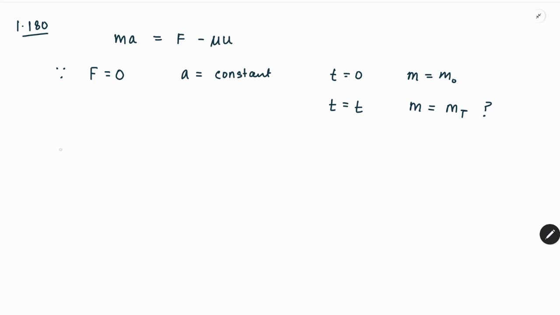So if we start this problem, then we can say that m a is equal to F being 0 minus mu u, and therefore we can write that acceleration a is equal to thrust force divided by mass, that is u times minus dm by dt, divided by m.